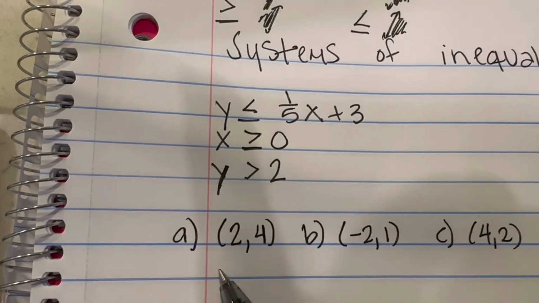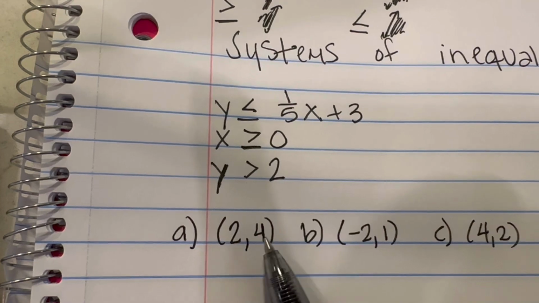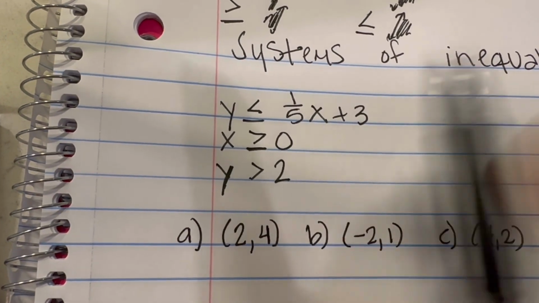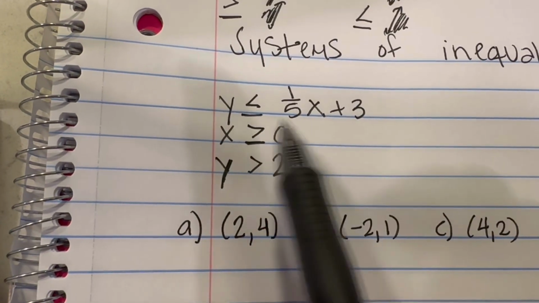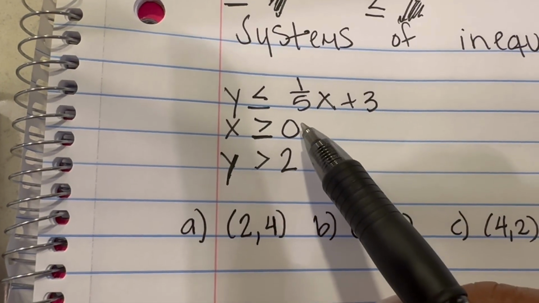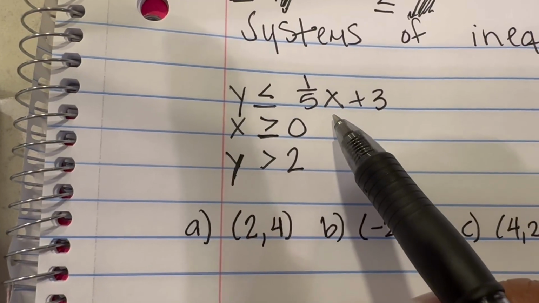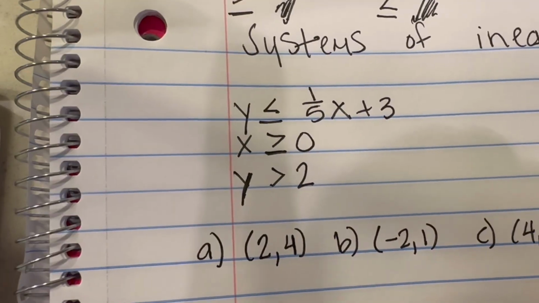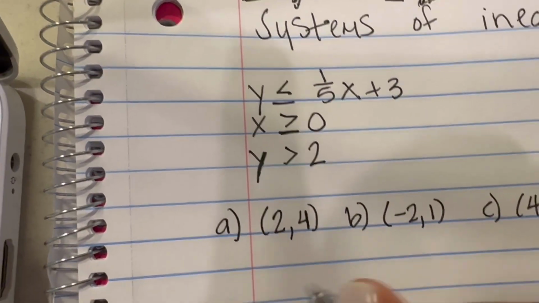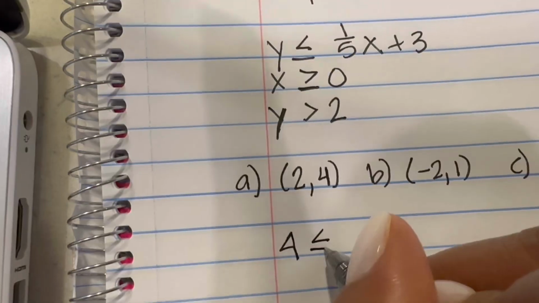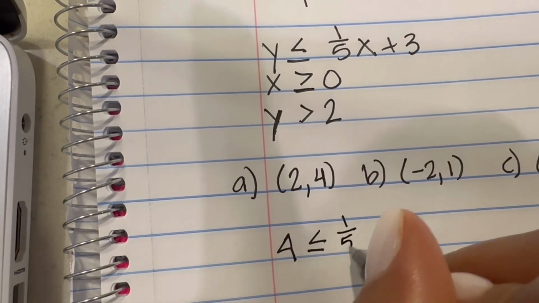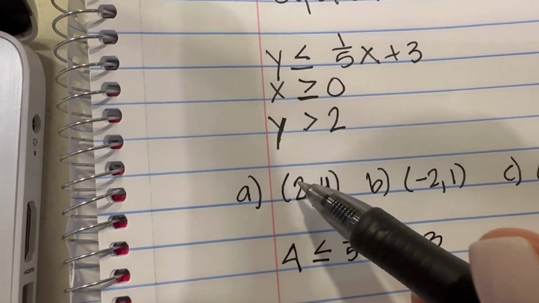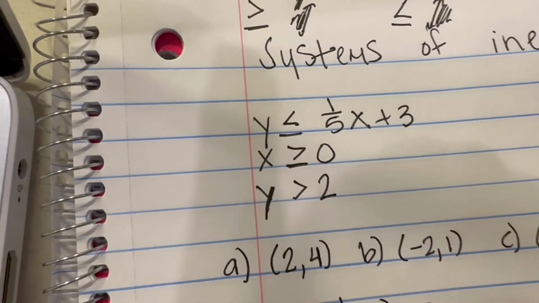That means that this x value of 2 and this y value of 4 have to make this sentence true. So 1/5 times 2, if you add 3, does that give you 4, right? So we can try it out. Well, 4 less than or equal to 1/5 times 2 plus 3. This is an x value, y value. You see an x, you see a y.